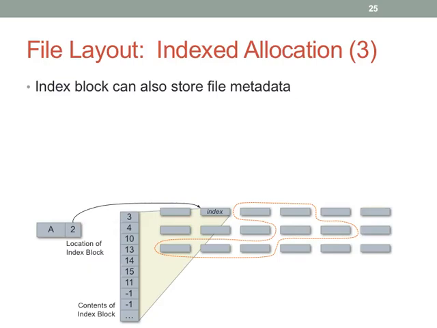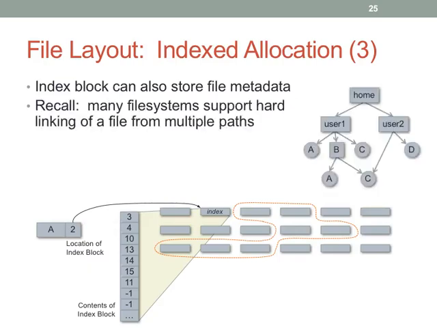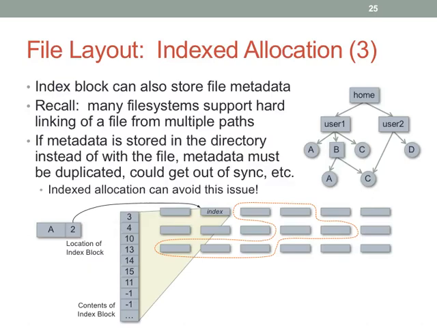The hard link can just say, here's the file, and then the file holds the metadata, and it only appears in one place. So I don't have to worry about certain situations with metadata getting out of sync. Okay? So this becomes really nice. All right? So this is a really helpful thing.